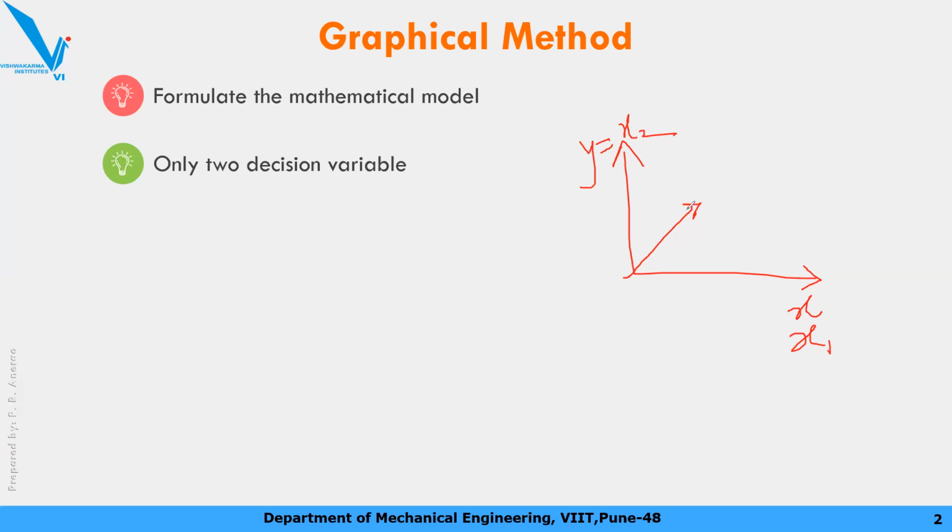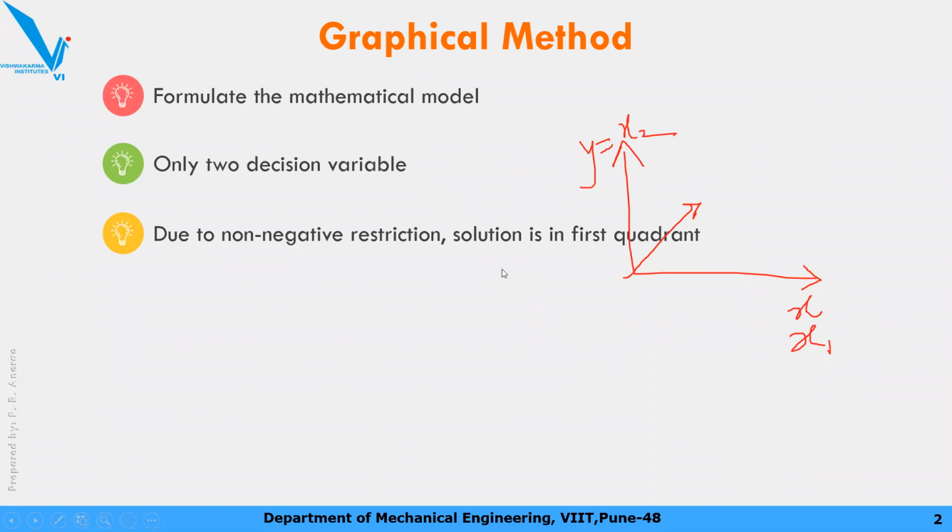So this is one of the limitations of the graphical method, but the advantage is that in most competitive examinations or GATE examinations, there are two decision variables, and it is expected to be solved using the graphical approach. It will give you a quick result, and the steps involved in the graphical method are very easy.